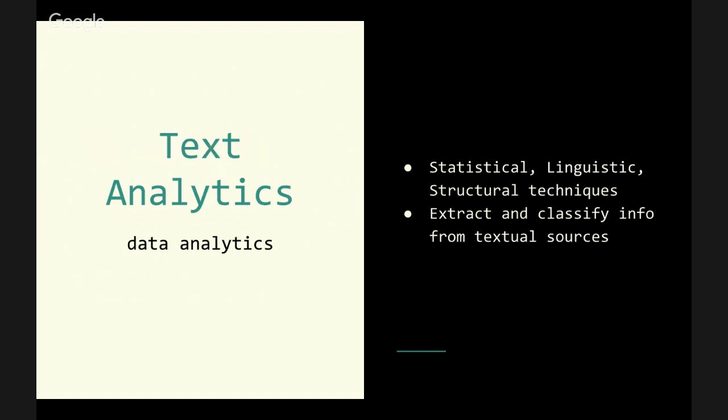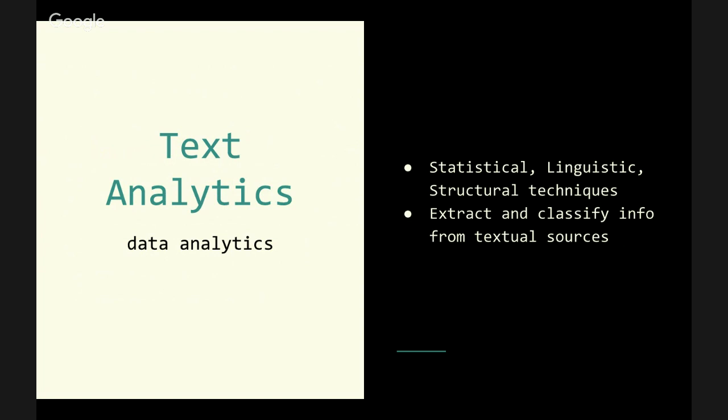Text analytics can be described as statistical, linguistic, and structural. And what that means is, imagine one example is you can do research on words that Facebook users use, or words that are tweeted very often. Even a simple, very modern version of text analytics is hashtags.